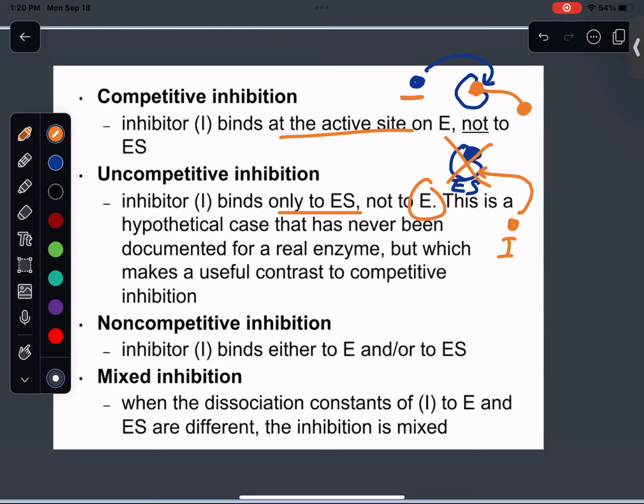If this inhibitor binds to the enzyme substrate complex, you have less working substrate and less working enzyme. What does that mean? Much less product.